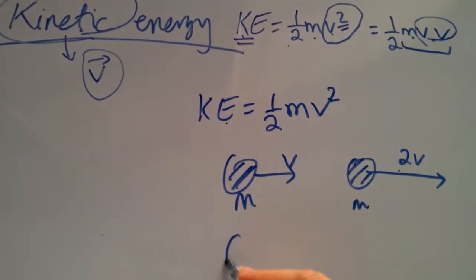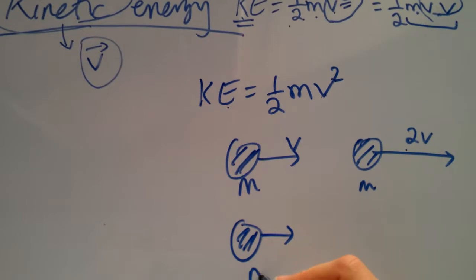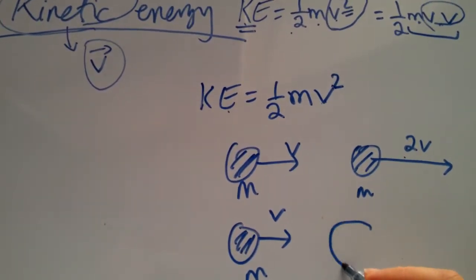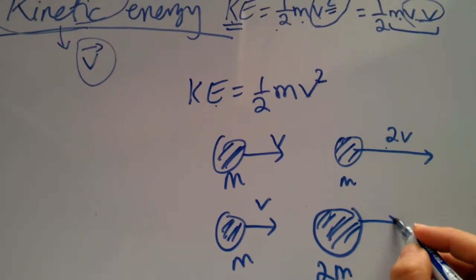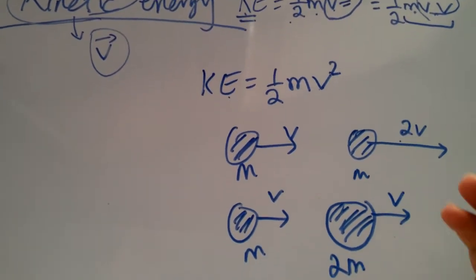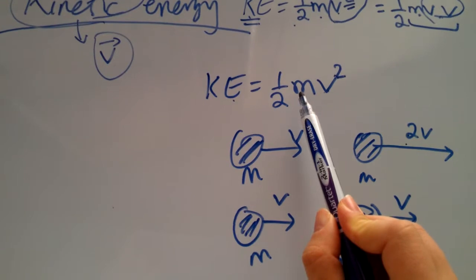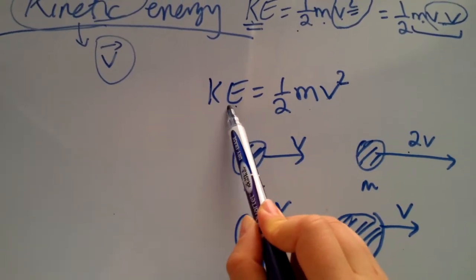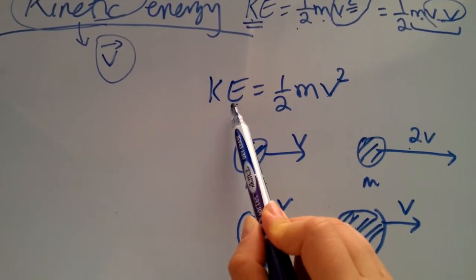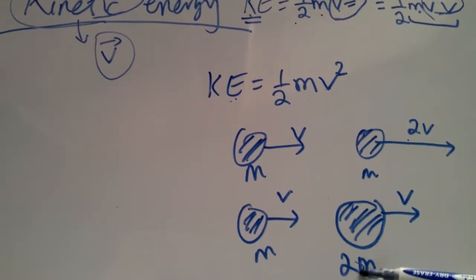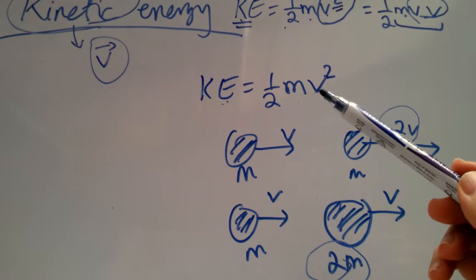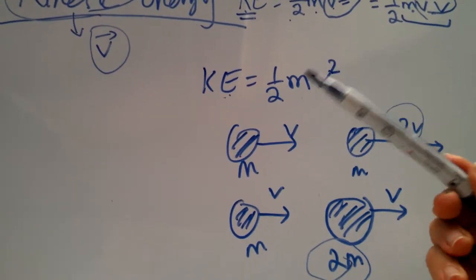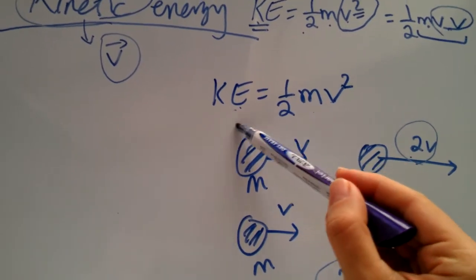However, if I have a mass of m that goes with v, and I increase my mass to 2m, but it's still going with velocity v, then I'm essentially doubling my kinetic energy. So see, doubling mass and doubling velocity don't correspond to the same change in kinetic energy.